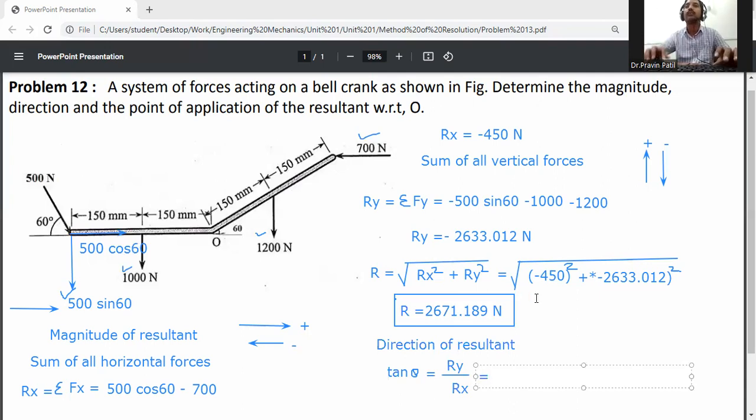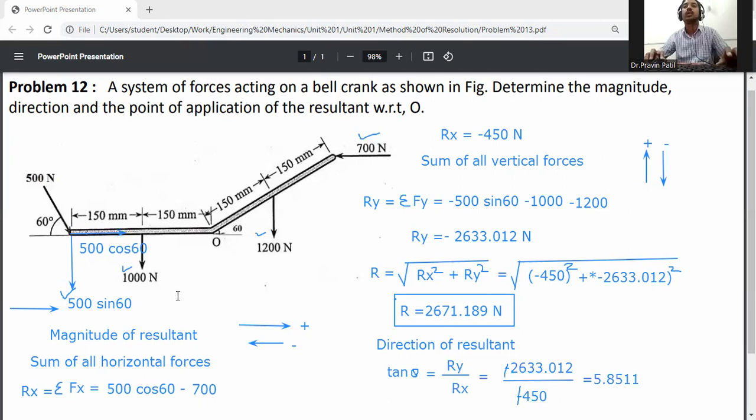So Ry is minus 2633.012 divided by minus 450. Okay, so minus will get cancelled. So tan theta is equal to 2633.012 divided by 450. So it will be 5.8511.